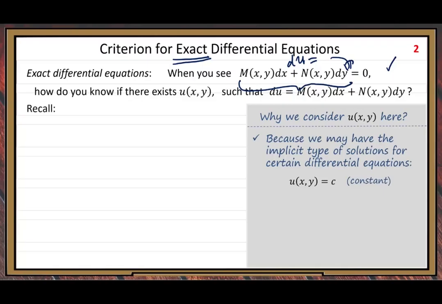Remember, we want to do the analogy between the M dx plus N dy form and the total differential form.